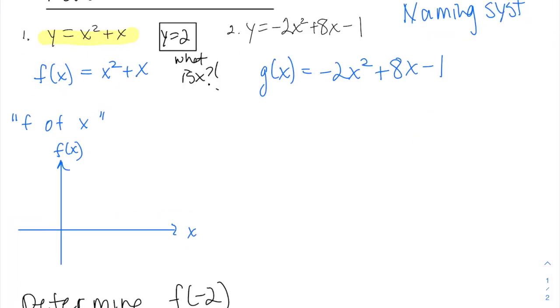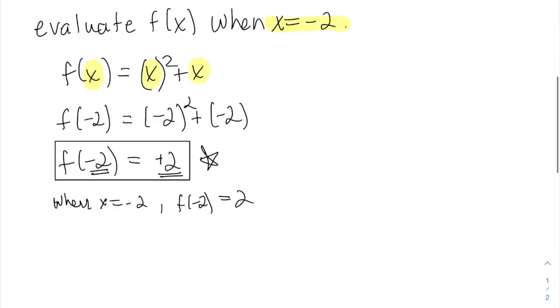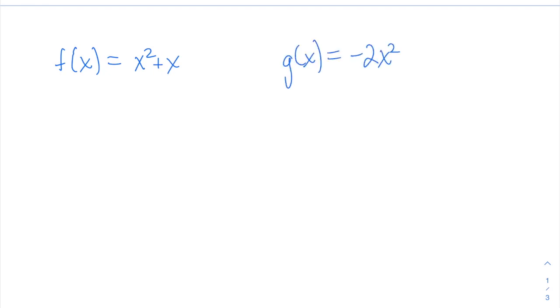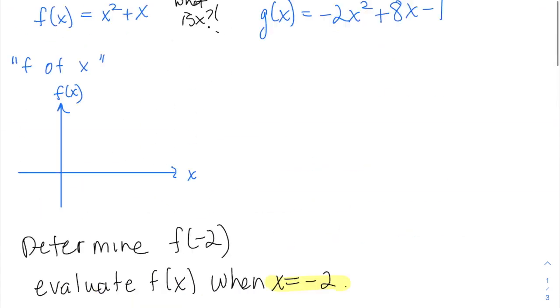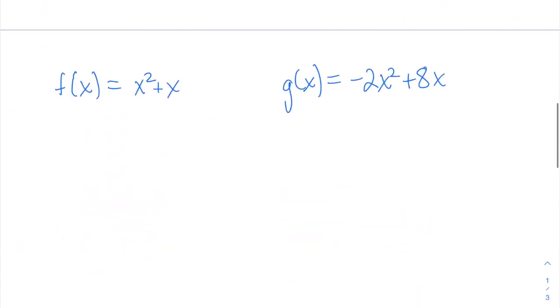Another benefit of function notation comes out when I graph and when I do any kind of algebra with these two functions. So let's graph f of x, which is x squared plus x, and g of x, which is -2x squared plus 8x minus 1. Let's start with g of x.